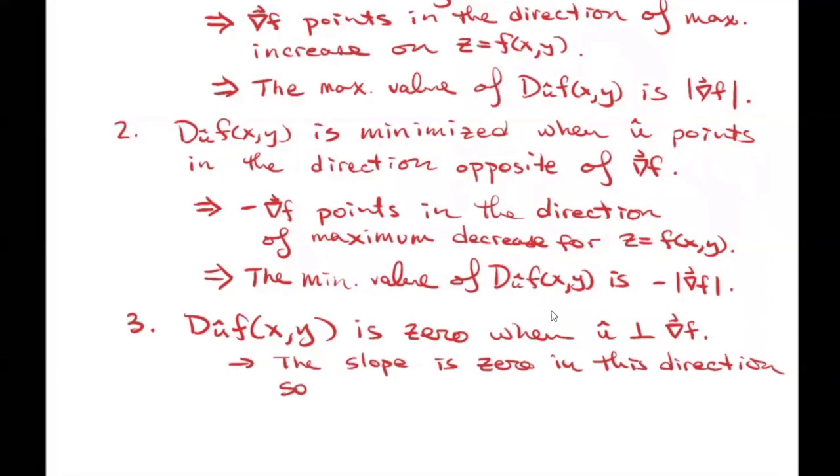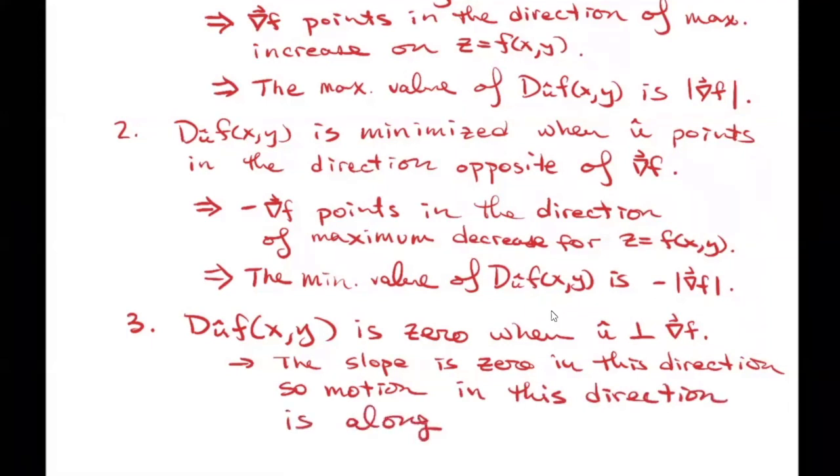So motion in this direction would be on what kind of a curve? If the slope is 0, what is your path if you're moving in that direction? What's the name of the curve if you maintain a slope of 0?